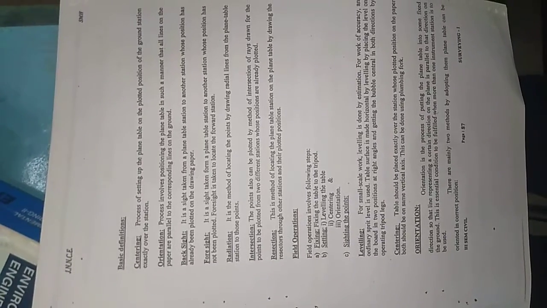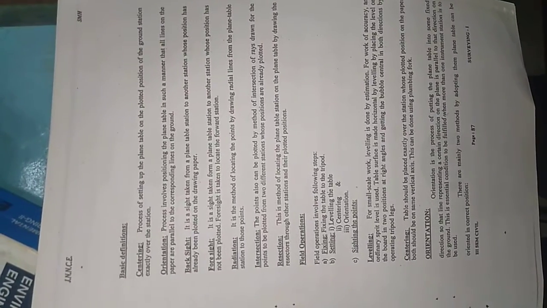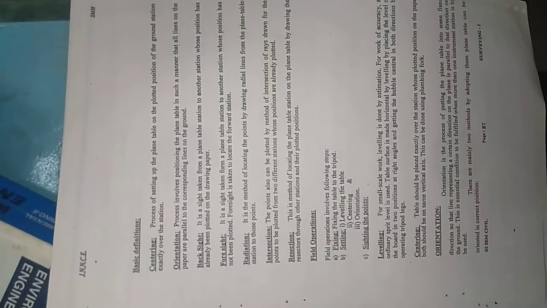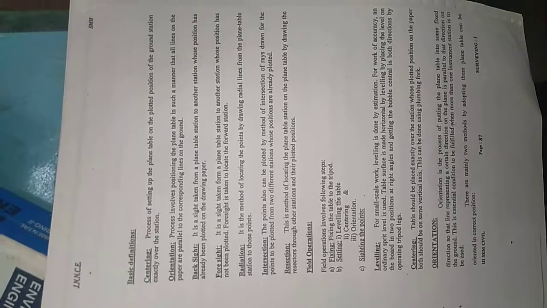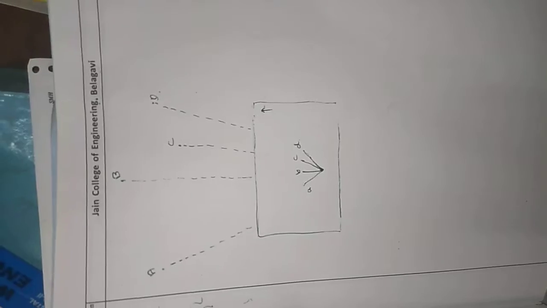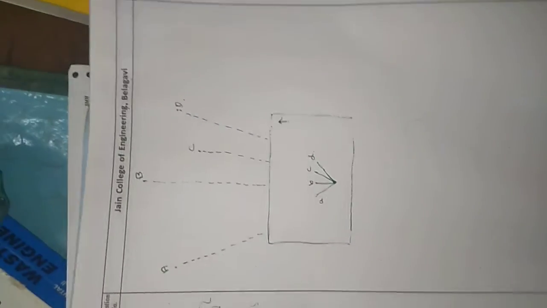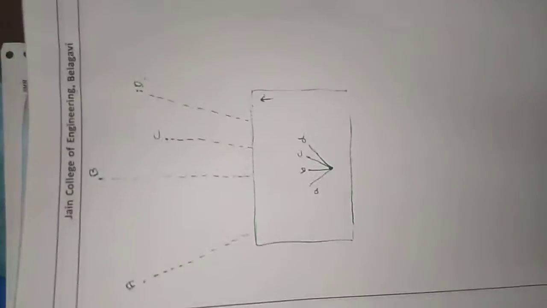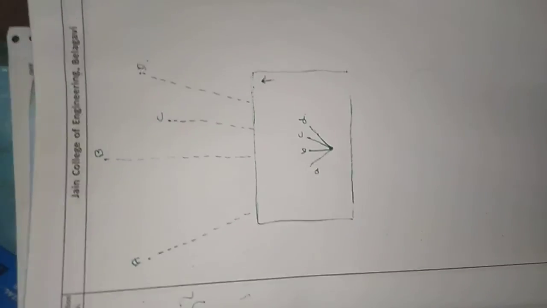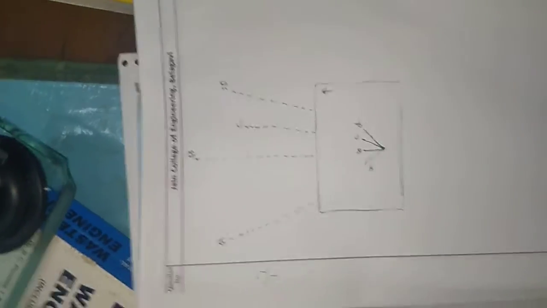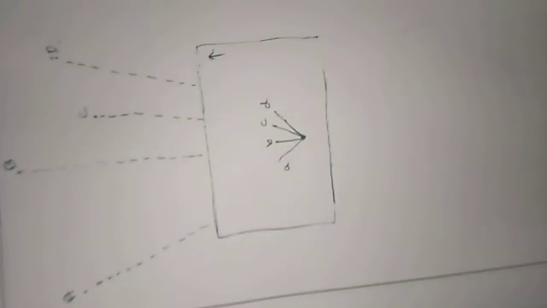Next we are going to see orientation. The process involves positioning the plane table in such a manner that all the lines on the paper are parallel to the corresponding lines on the ground. I will show this with an example. As I have told, when we do the orientation, we keep the plane table in the magnetic north direction.